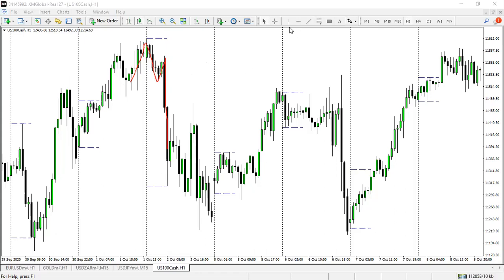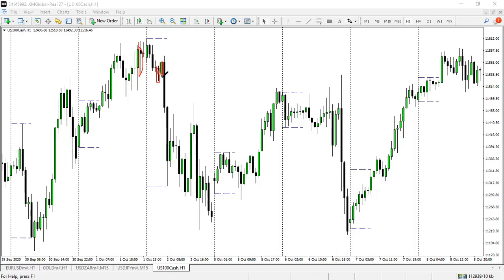Yeah. That's the one I told you, that on rare occasions you can get a breaker and the mitigation at the same level. On rare occasions, you won't see this often. So this was the mitigation block here. And this was the breaker here. And this was the order block before BMS also.